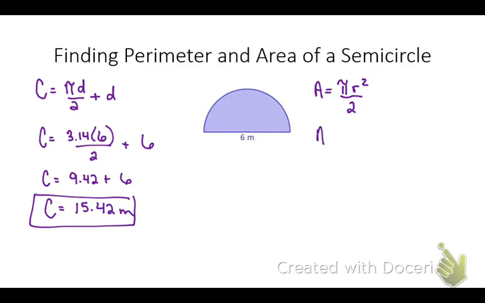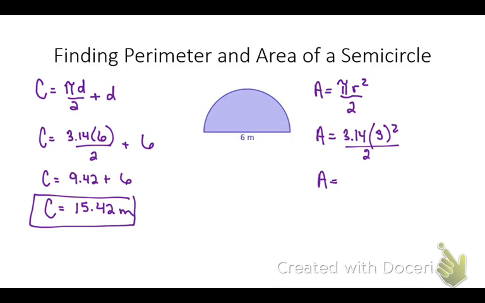All right, go ahead and get those numbers plugged in. All right, A equals 3.14. What value did you plug in for radius? 3 squared, and then divide by 2. So A equals, what's 3.14 times 9?